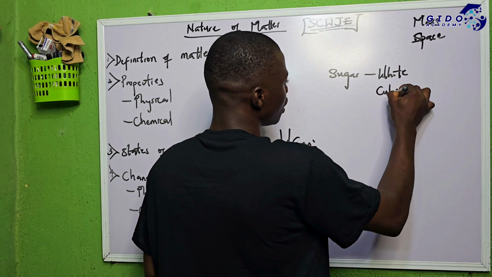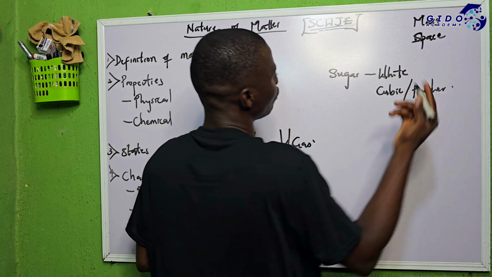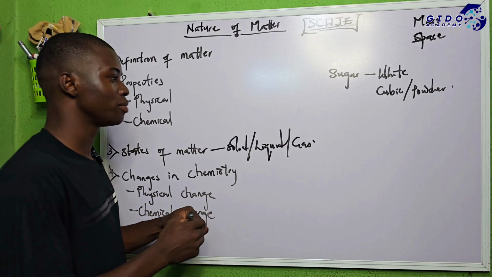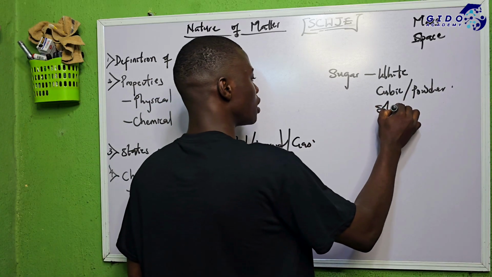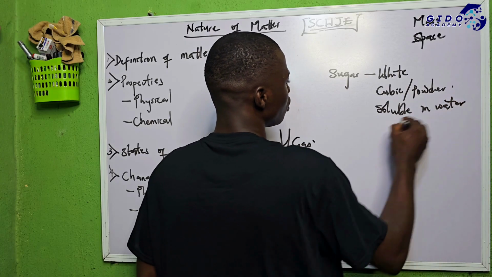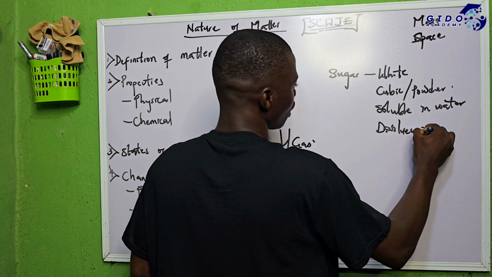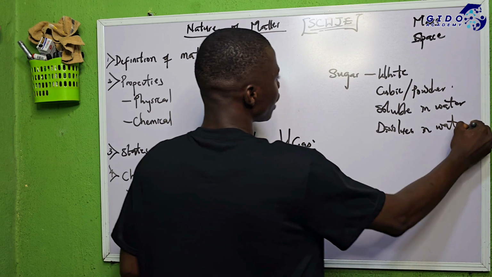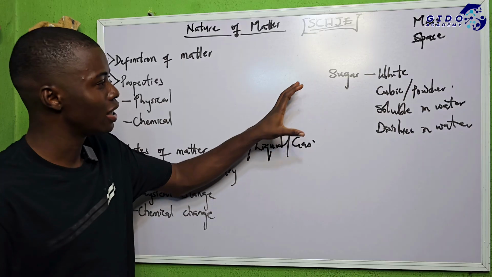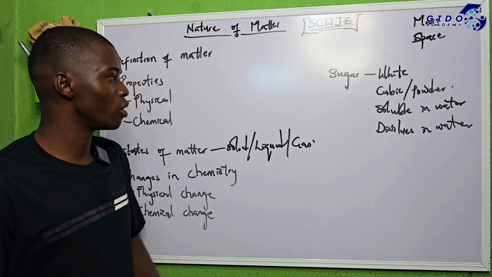It can be cubic, and it can also be in form of powder, like a grounded format. It is soluble in water, which is, it can dissolve in water. So all these I've listed so far are the properties of sugar.